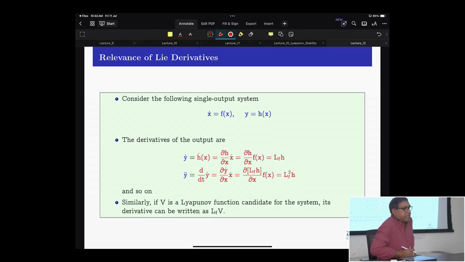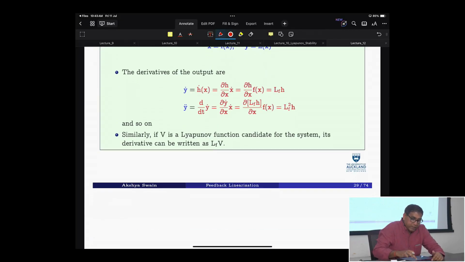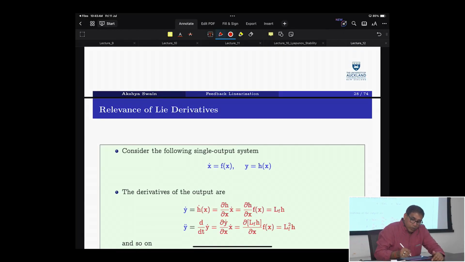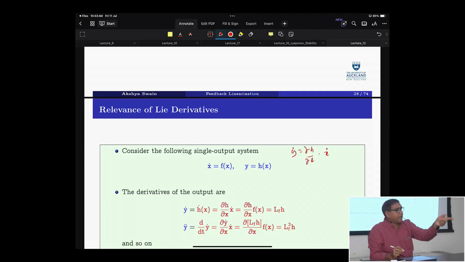One thing, relative degree. Then we will discuss a little bit relative degree. Relative degree is, suppose you have got x dot is equal to f(x), y is equal to h(x), we will define that. Now first let us do a little mathematics. What is y dot? Y dot is equal to del h over del x into x dot, because y dot is with respect to time, so y is h(x).